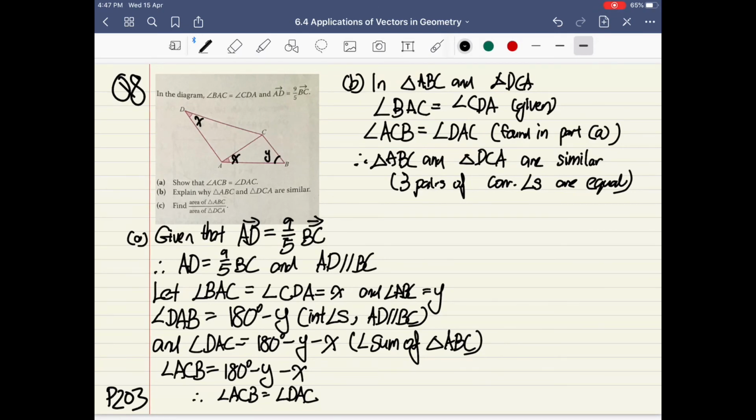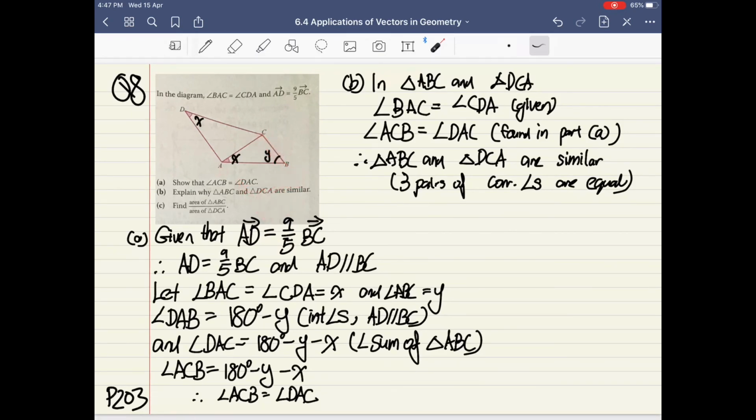Part C. Find the ratio of the area of triangle ABC to the area of triangle DCA. If you notice, since these two lines are parallel, if you just extend them out a bit and draw here, this will be the height.